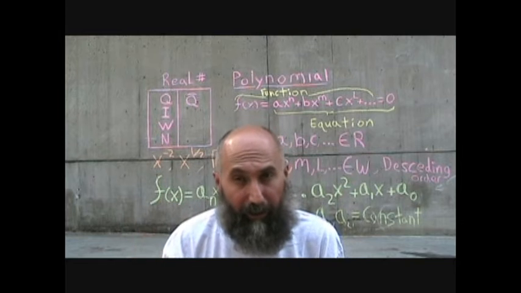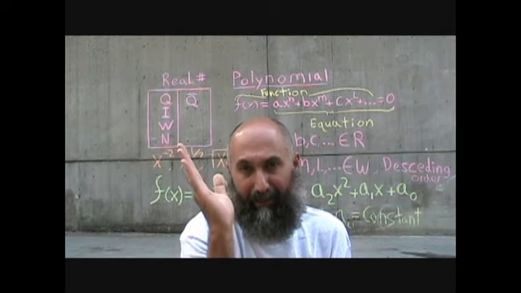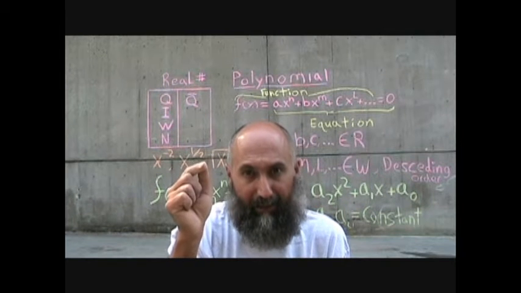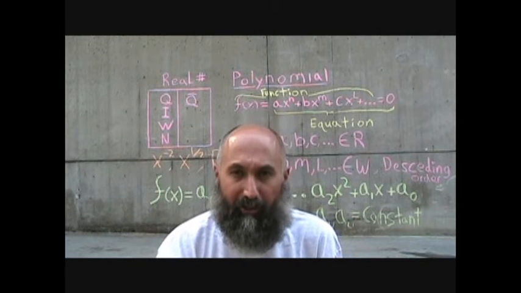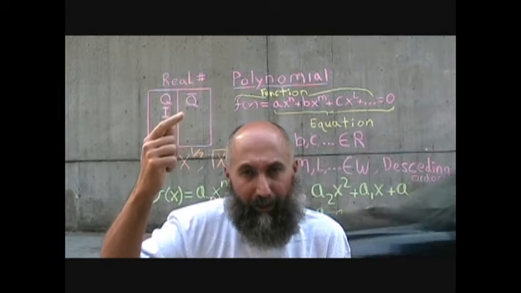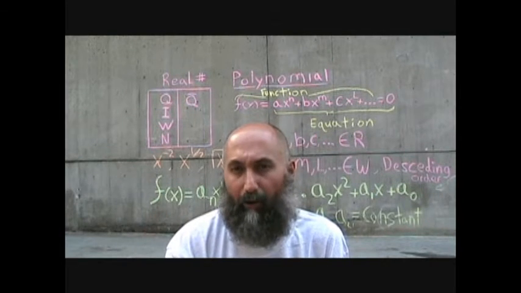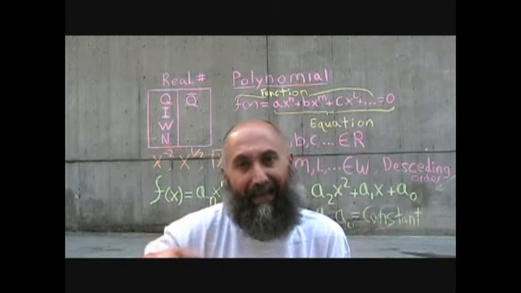A linear function, which is a line, refers to a polynomial that has a degree of 1, which means the highest power in the function is 1, for the x. A quadratic function is a polynomial function where the maximum power on it is degree 2, so it's x squared, right?